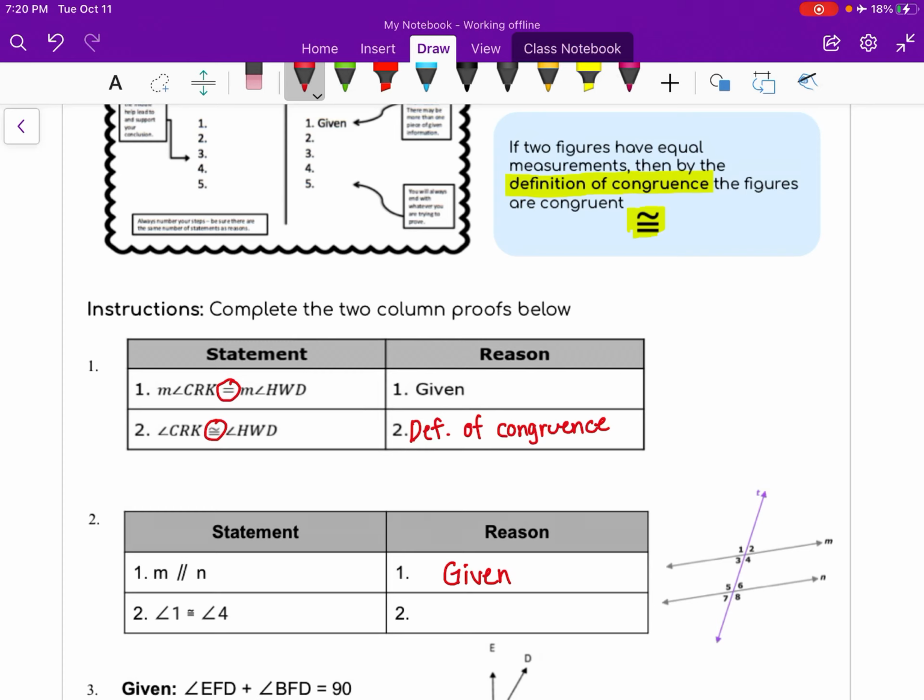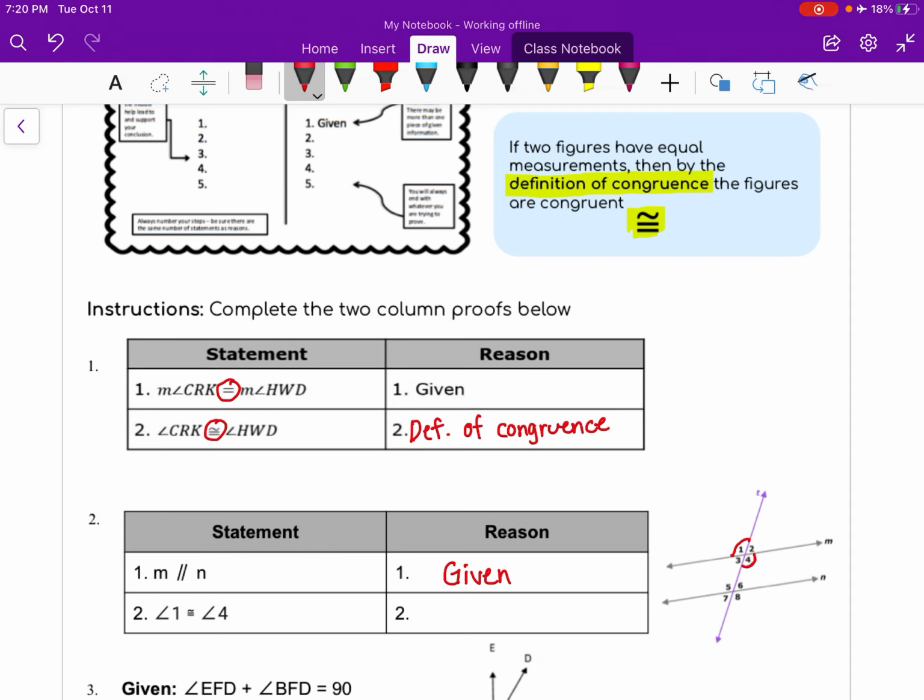In order to figure out what our reason is, we should look at the diagram that's been provided to us. You'll notice on the right-hand side, we have 2 parallel lines, M and N, cut by a transversal T. What we want to do is look at the position of angle 1 and angle 4.